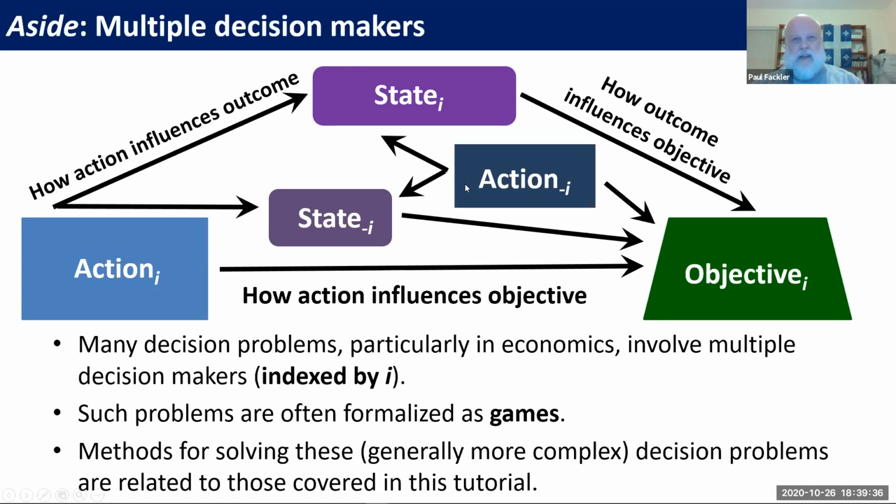But in the context of the modeling that we're doing here, we have a fixed objective function, but that objective function is a function of both states and actions. So the values of the objective are influenced by the states and the actions, whereas the function itself may not be.